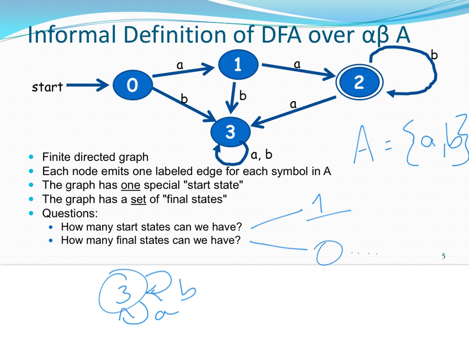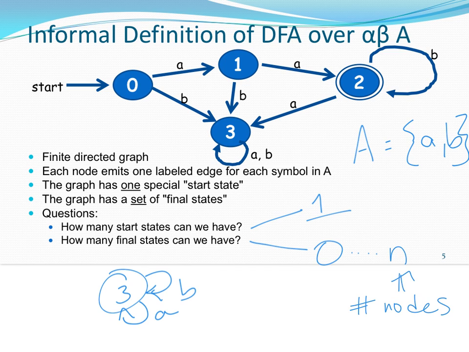How do I know that? Well, sneaky. I said it's a finite directed graph. That means it has a finite number of nodes, right? But we can have anywhere from 0 up to n final states, where n is the number of nodes, right?